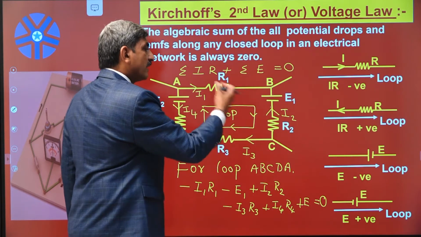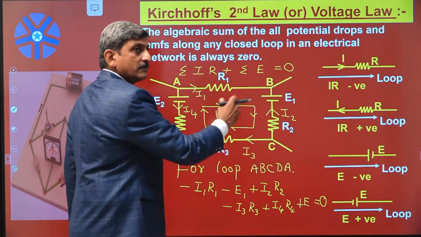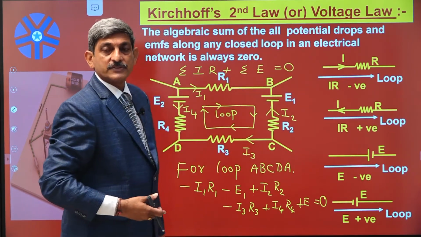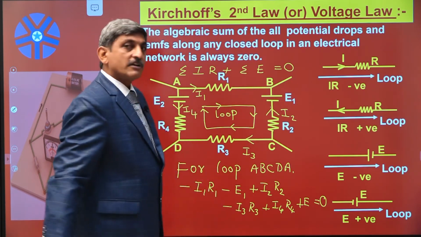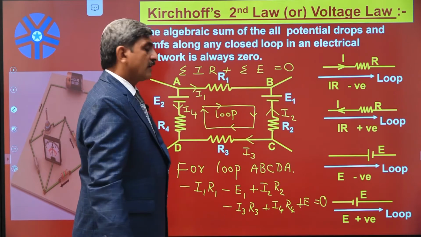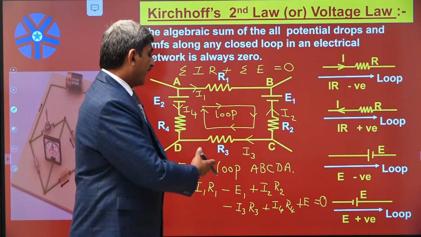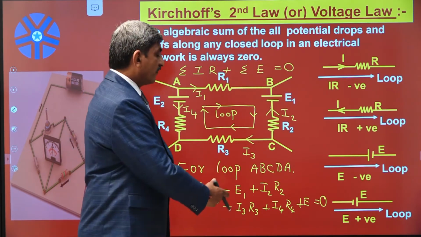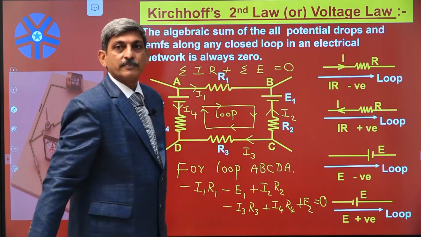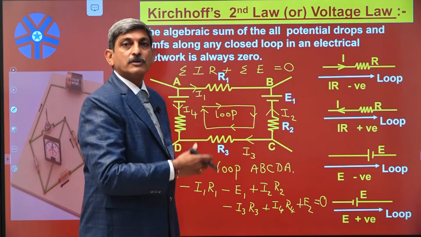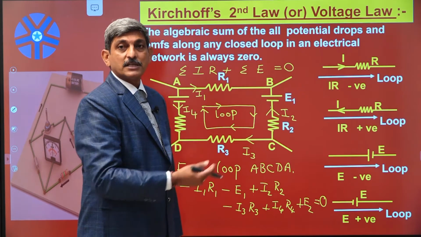Similarly, I apply the four rules for the resistors and the EMFs, and finally we get the equation as minus I1 R1 minus E1 plus I2 R2 minus I3 R3 plus I4 R4 plus E2 is equal to 0. This is the way to apply Kirchhoff's voltage law.